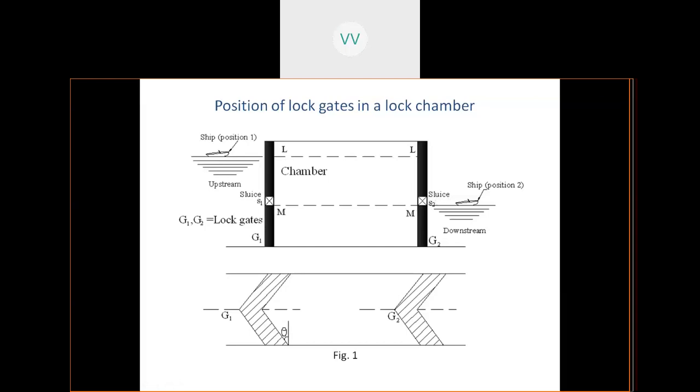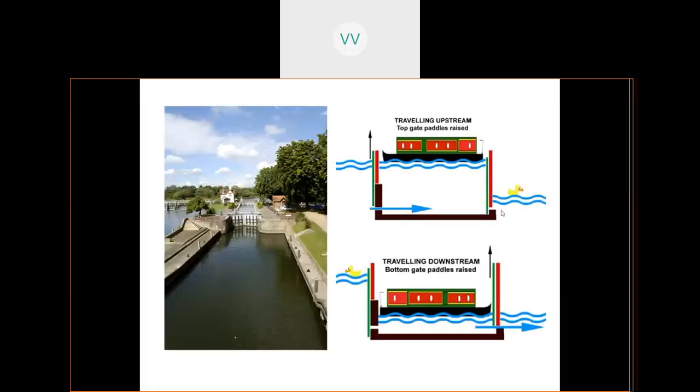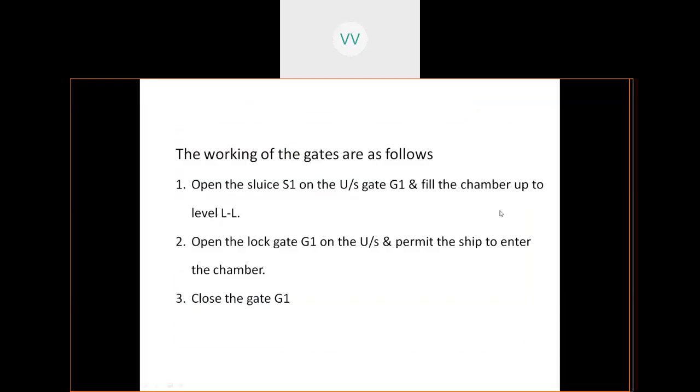Let us describe this situation and see the actual scenario happening in the lock opening and closing positions. Then open the sluices S1 on the upstream gate G1 and fill the chamber up to the level LL.